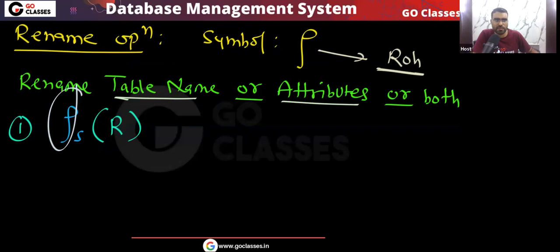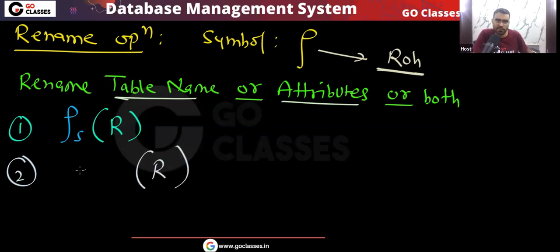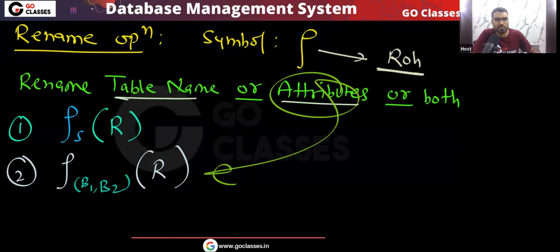This rho means rename. If I want to change attribute names, for example, let's assume my table is R and R has A1, A2, and I want to change them to B1, B2. Then I can put the attribute names here. So this is attribute renaming.